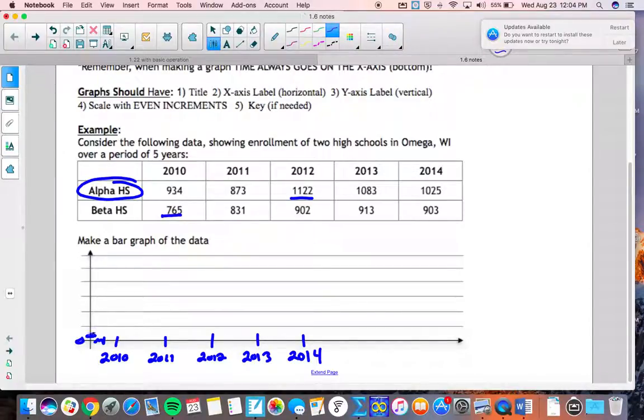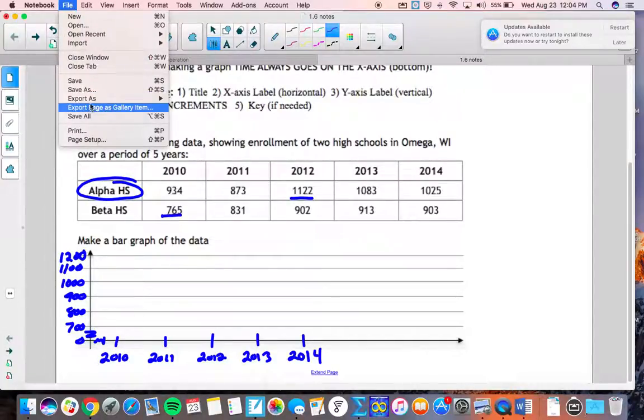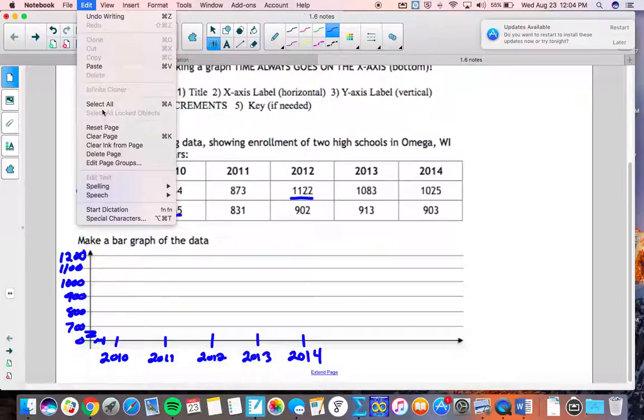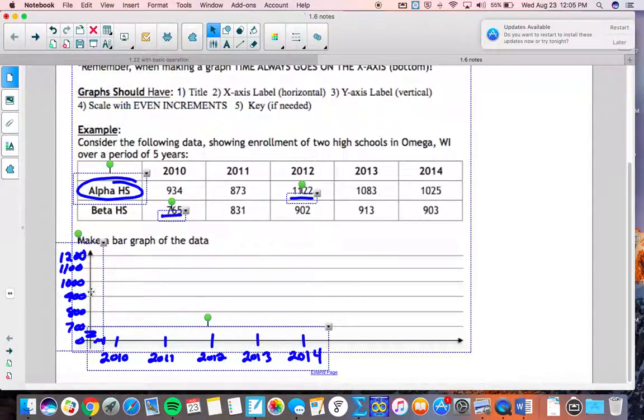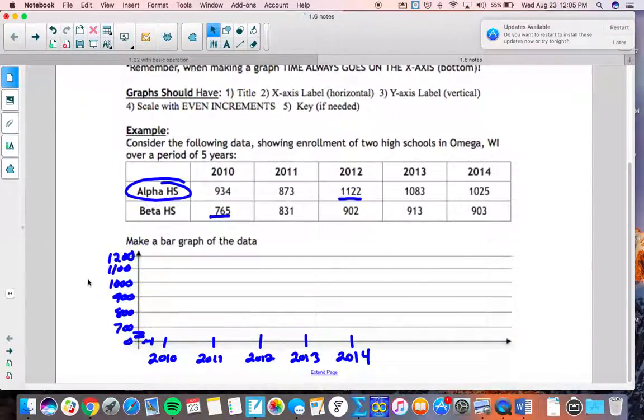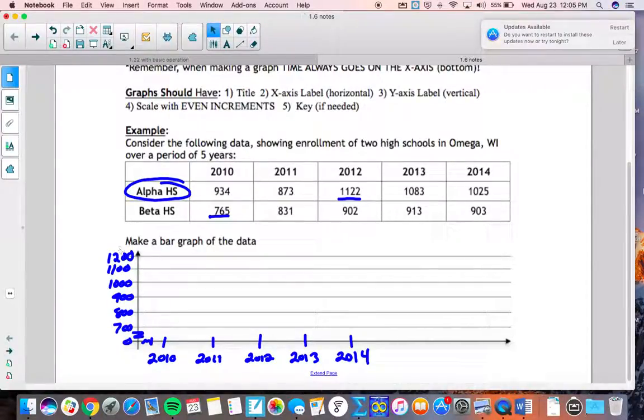We'll put a little break in the action. 700, 800, 900, 1,000, 1,100, 1,200. This is high school enrollment.